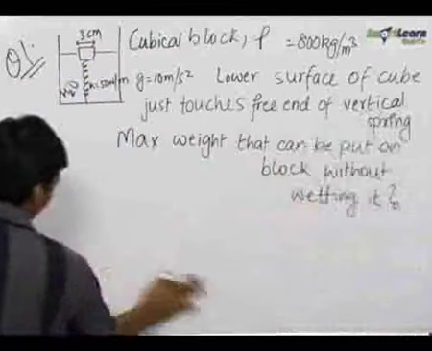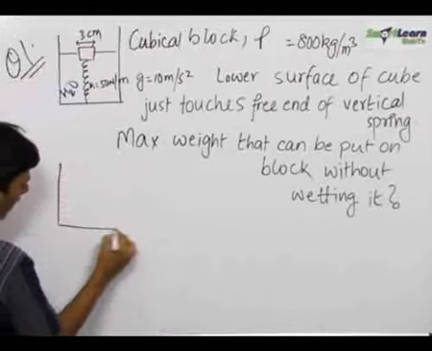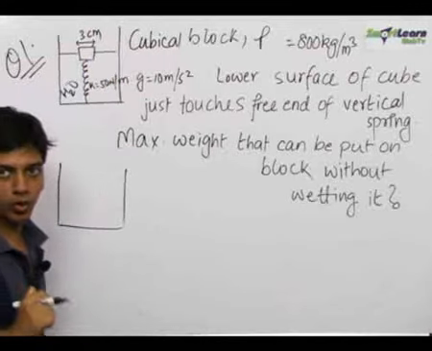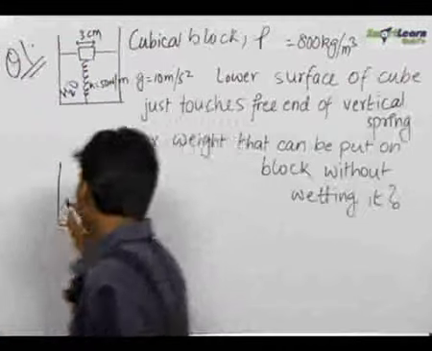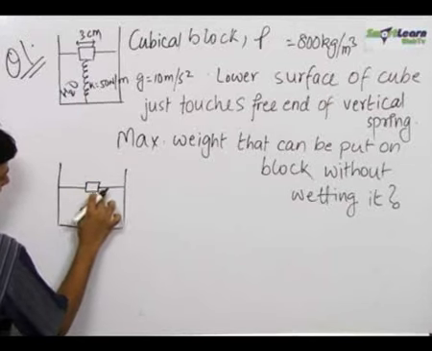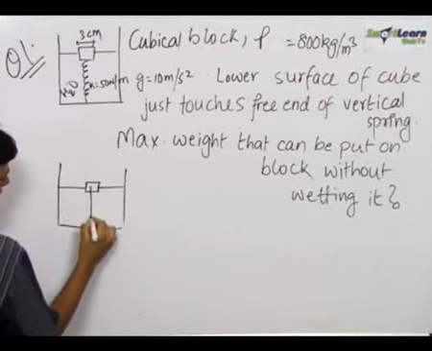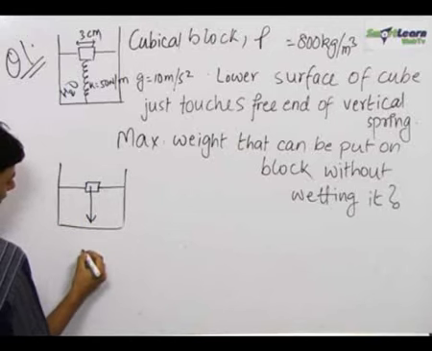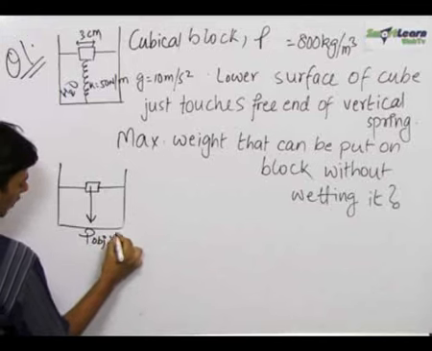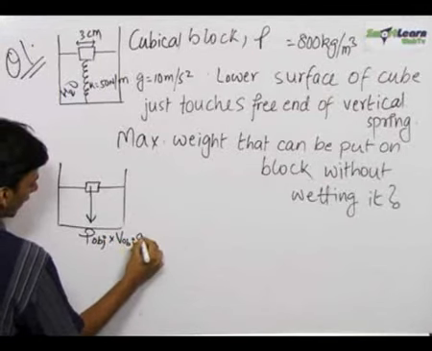So for going about this question, let us see how much of this block is already inside the water initially. For that, we know that for a floating body, the downward force acting on the body is rho of the object into the volume of the object into g.